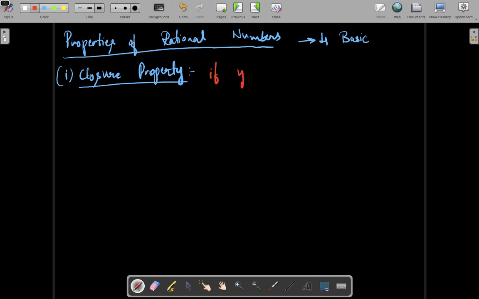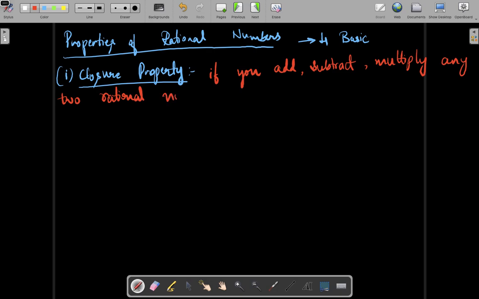If you add or subtract or multiply any two rational number, the result is also a rational number.